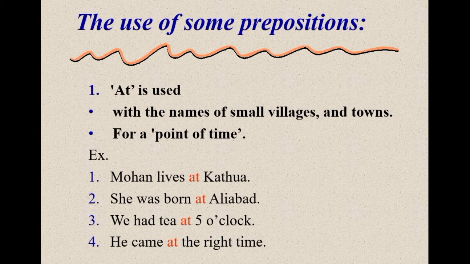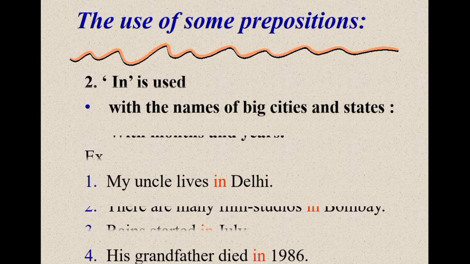Third, we had tea at 5 o'clock. So here there is a point of time, so we have used at 5 o'clock. Fourth, he came at the right time. Means the right time is a particular point of time, so we have used at the right time. Okay, now let us see others as well.